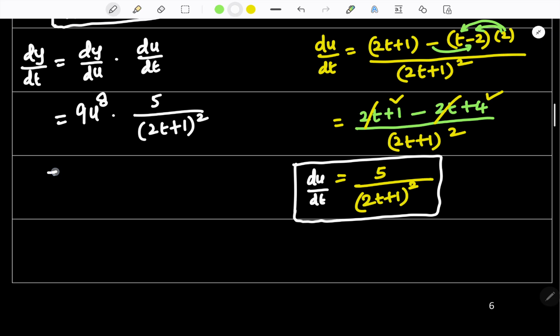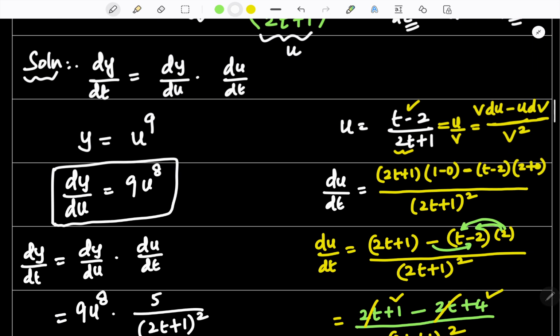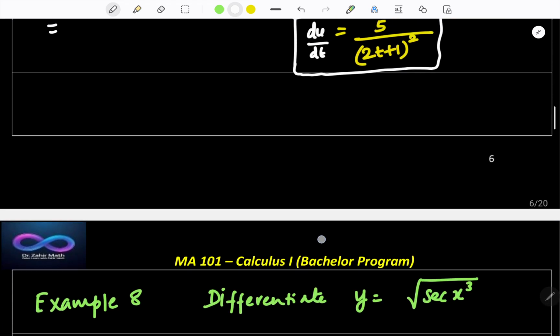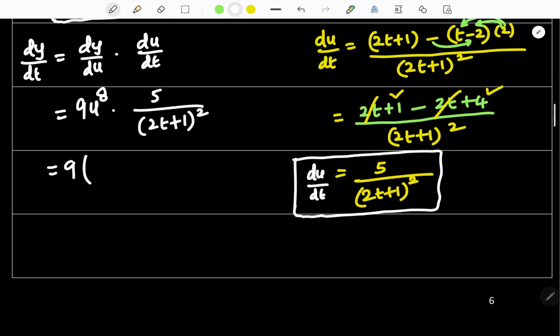What is your u? Your u is this one, the whole part we call u. So (t - 2)/(2t + 1). So this equals 9 times [(t - 2)/(2t + 1)]^8 times 5/(2t + 1)^2. Now I'm going to simplify this expression.